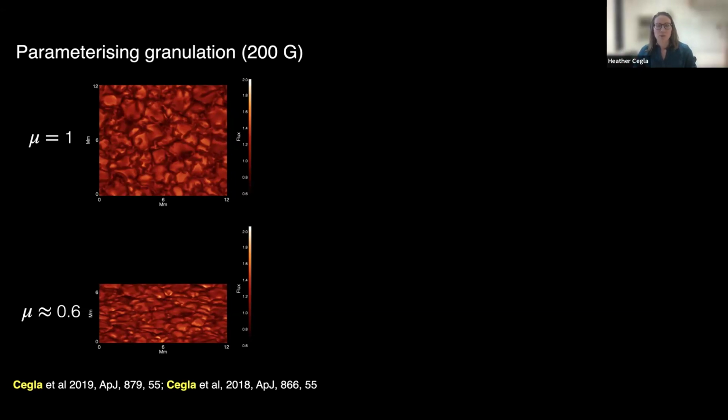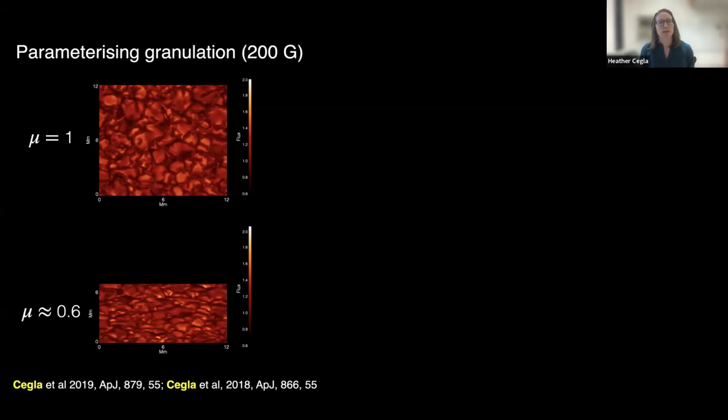That would be very computationally intensive for each one of them to have an independent snapshot. And we want each tile to have an independent granulation pattern so that we're not repeating the pattern, because that would affect how the averaging is done when you're trying to simulate a model star.